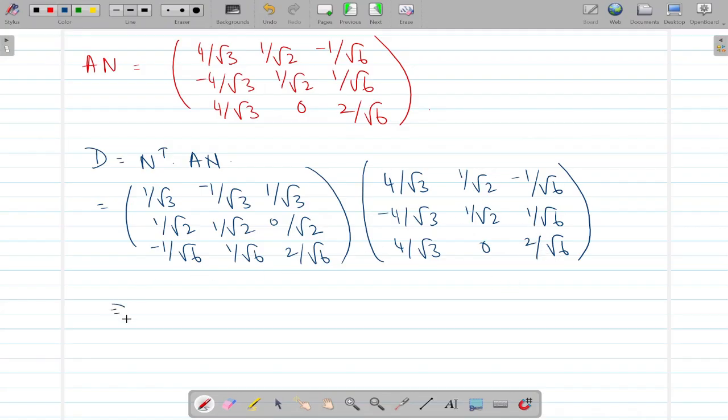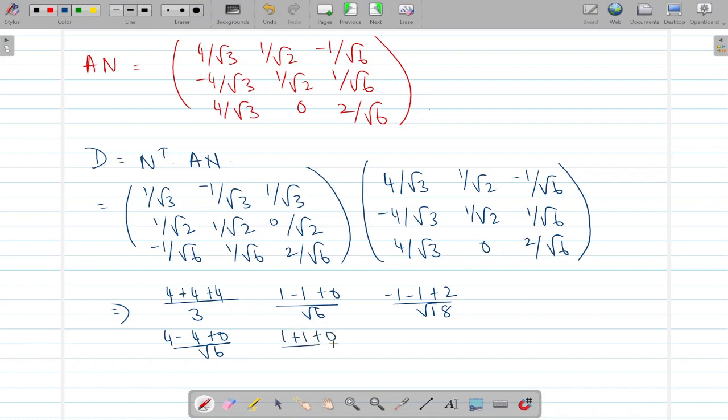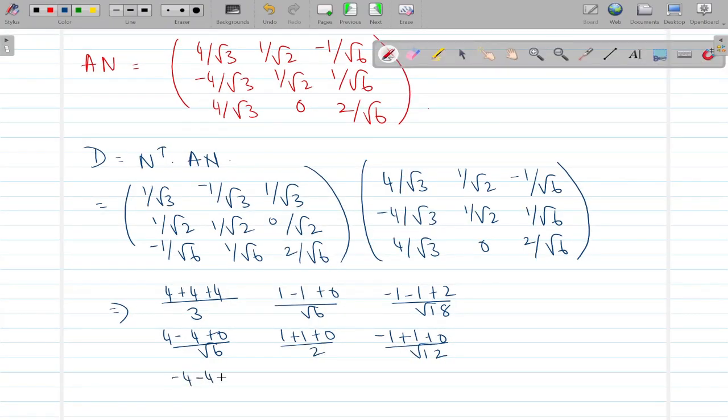So by solving this, I get 4 plus 4 by 3, 1 minus 1 plus 0 by root 6, minus 1 plus 2 by root 18, 4 minus 4 plus 0 by root 6, then 1 plus 0 by 2, minus 1 plus 0 by root 12, then minus 4 plus 8 by 18, minus 1 plus 0 by root 12, 1 plus 4 by 6.